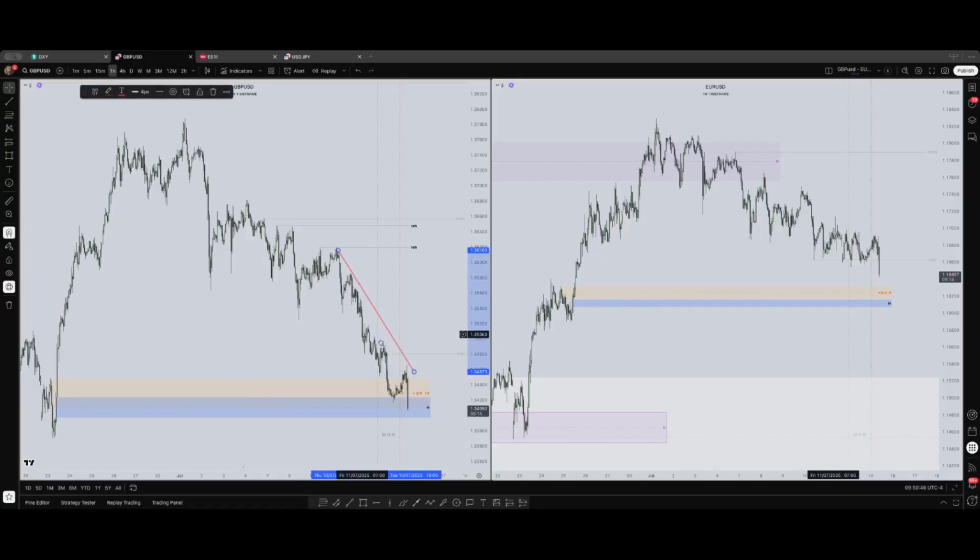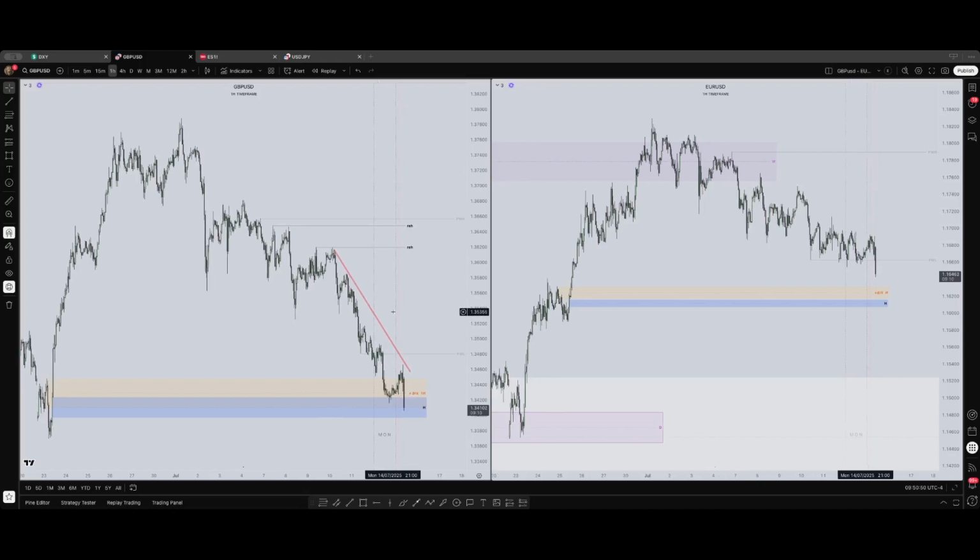It's just leaving liquidity. Price will later come back and smash this trend line. So this is an important high here.